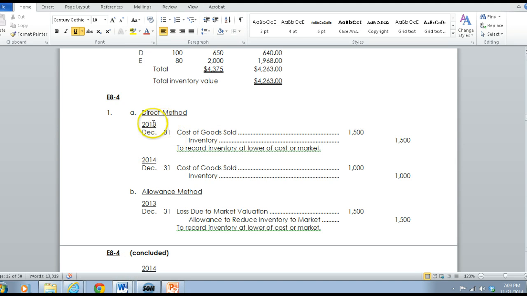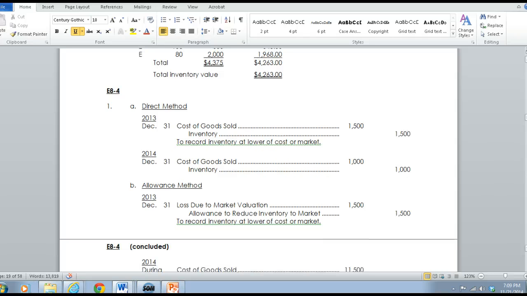At the end of the first year, using the direct method, we're going to go right against cost of goods sold, $1,500, reduce our inventory by $1,500. And then under the direct method in 2014, we'll write down cost of goods sold of $1,000, reduce our inventory by $1,000.